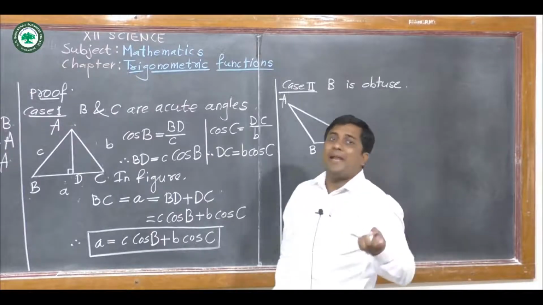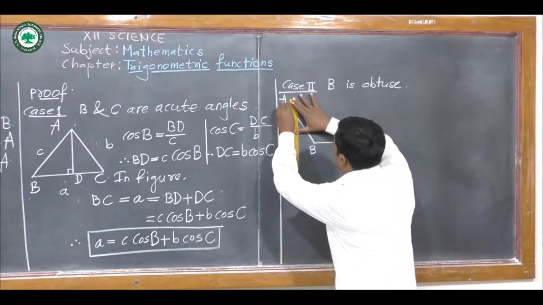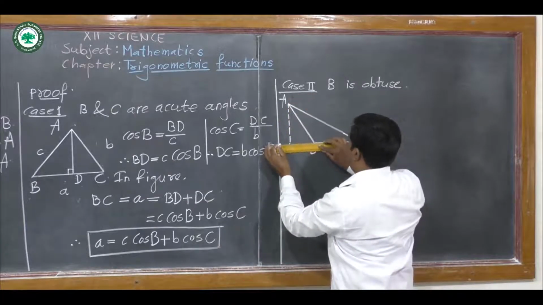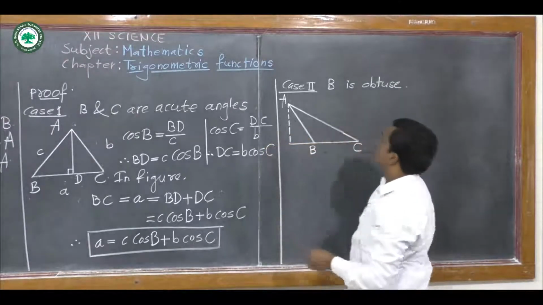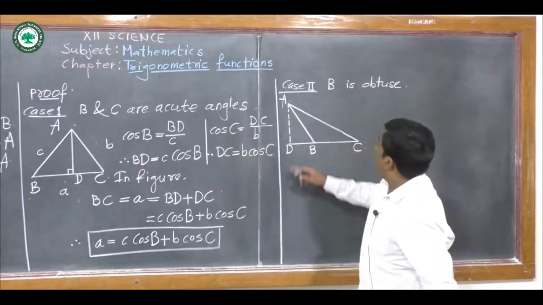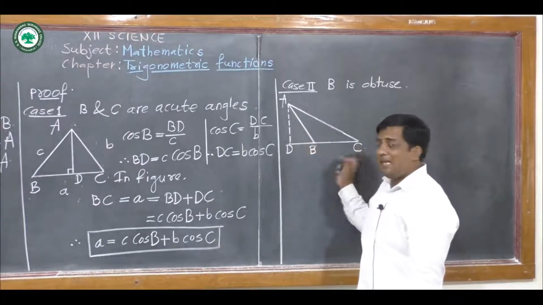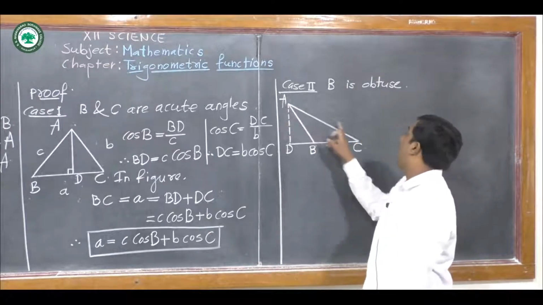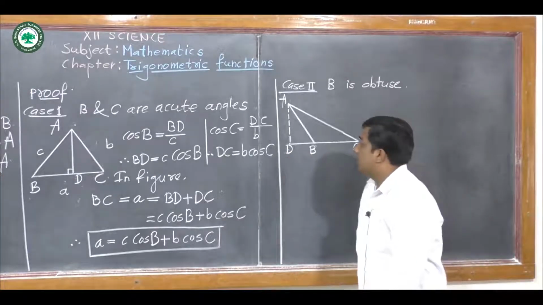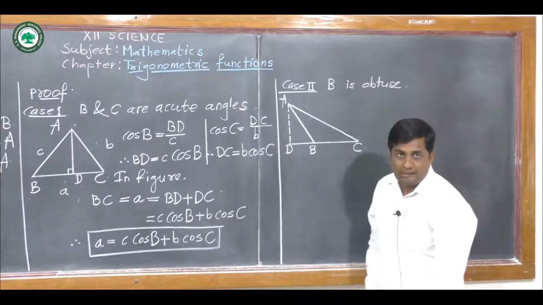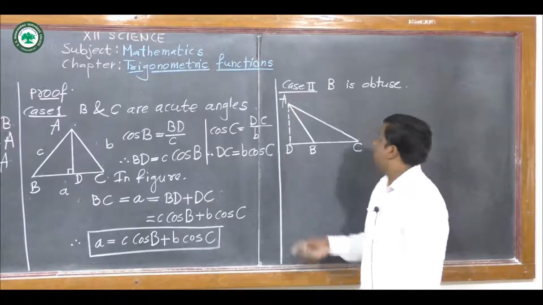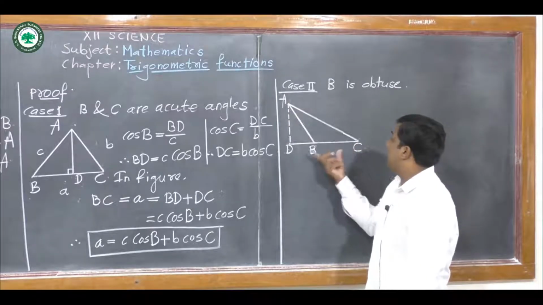Then we draw a perpendicular to BC externally like this, meeting at point D. Now remember, the projection of AB on BC is DB, and the projection of AC on BC is DC.